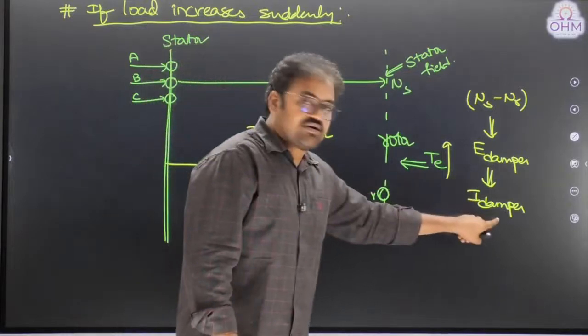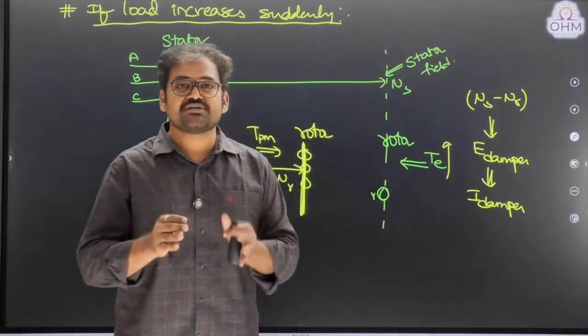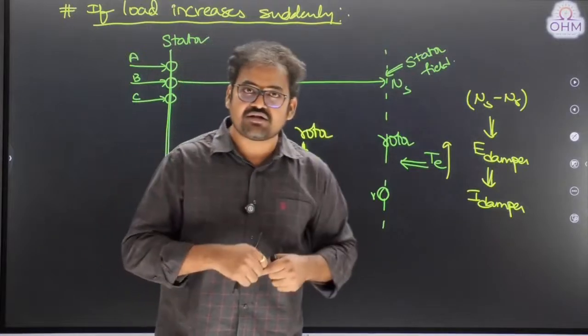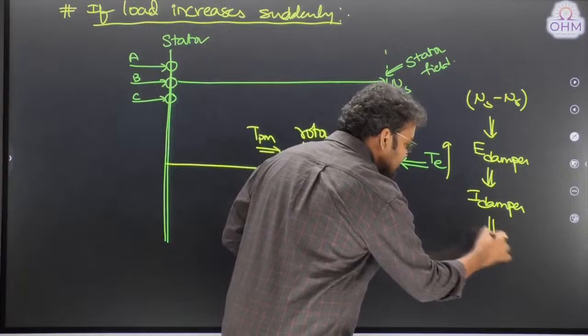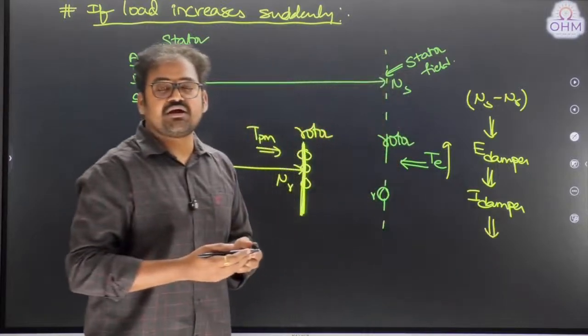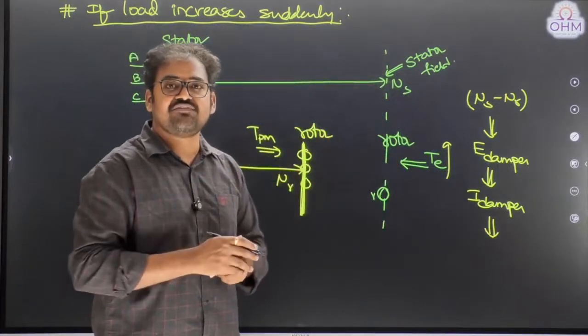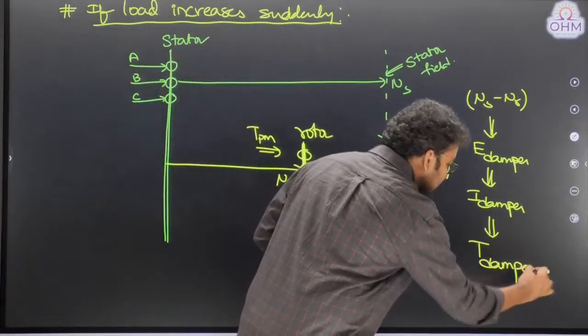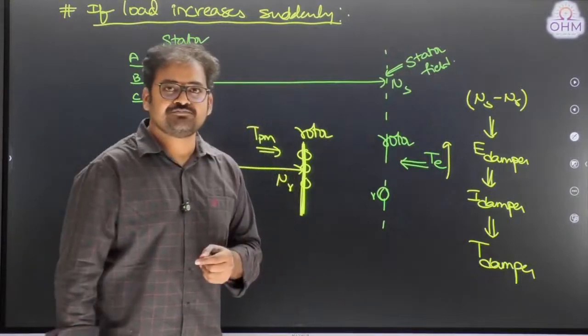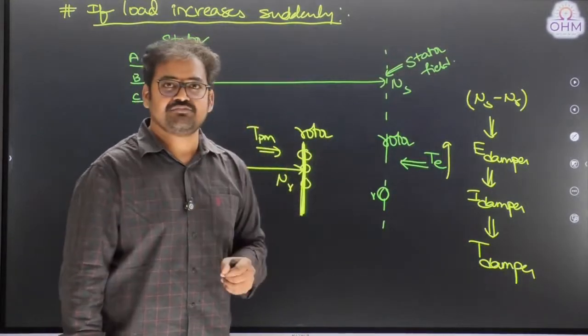Once current starts to circulate, the damper conductors are current carrying conductors. According to the Lorentz force equation, whenever current carrying conductors are placed inside a magnetic field, they will experience a torque. Therefore, a torque is experienced by the damper winding. We call it damping torque.